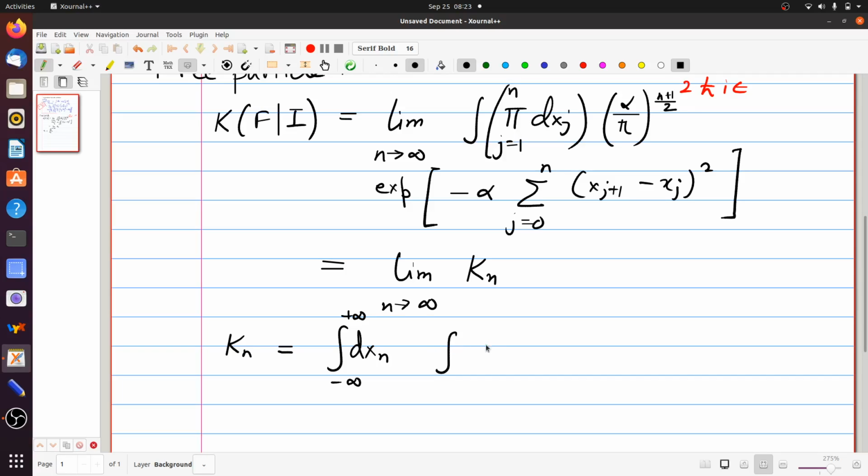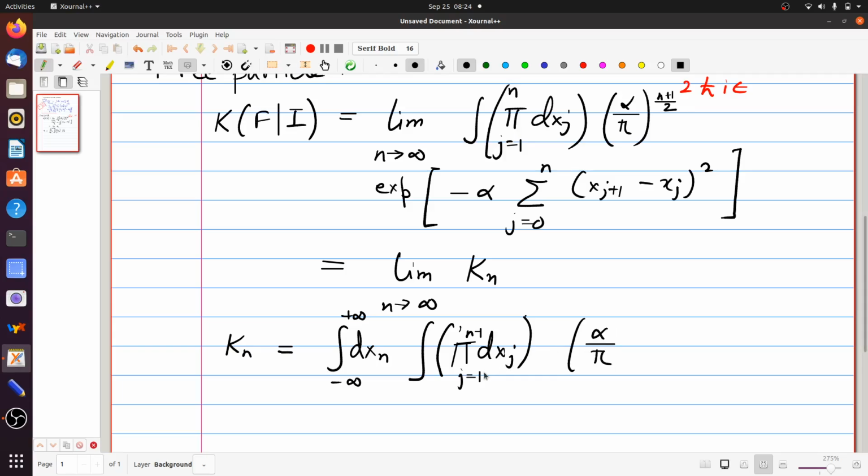You of course still have integration over the other n minus 1 variables to be done, j equals 1 to n minus 1 now. Okay, so this is the n minus 1 integrals.